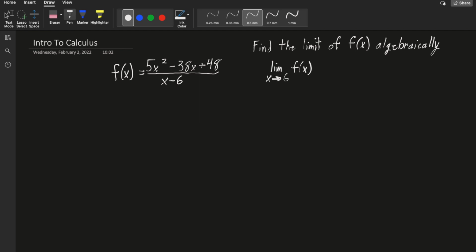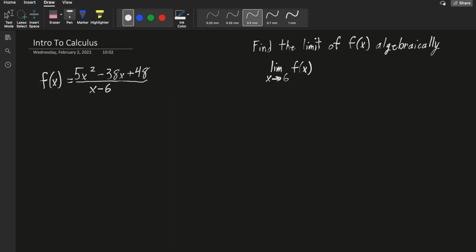So, with a cursory glance at our function here, we can see that at the very least we're going to end up with a 0 in the denominator when x is approaching 6. So starting out, what we need to do to figure out what the limit is, is kind of just plug it in.